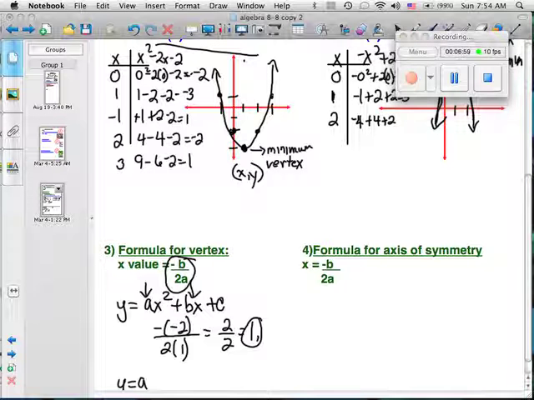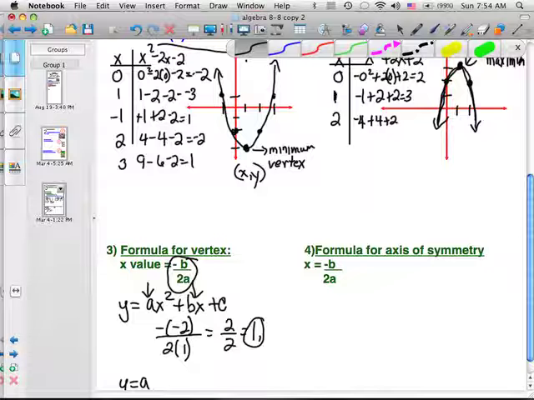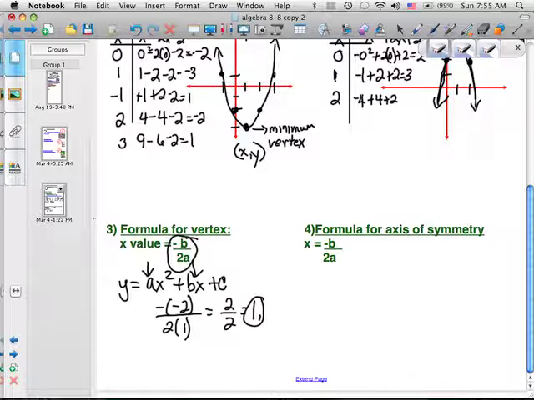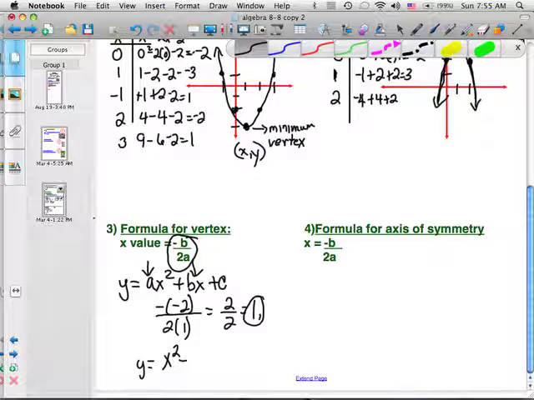Okay, going back to this, the equation was x squared minus 2x minus 2. So I put in the value of 1 for x, and then I can find y.